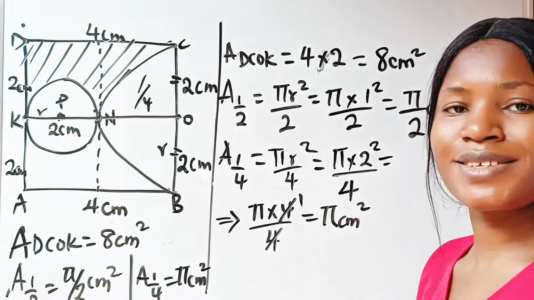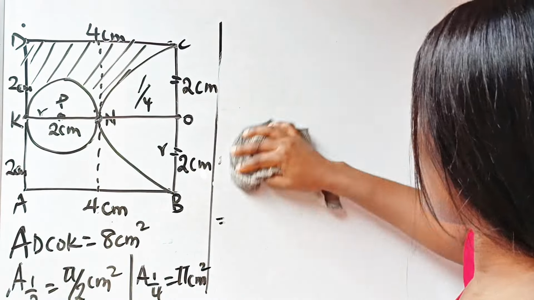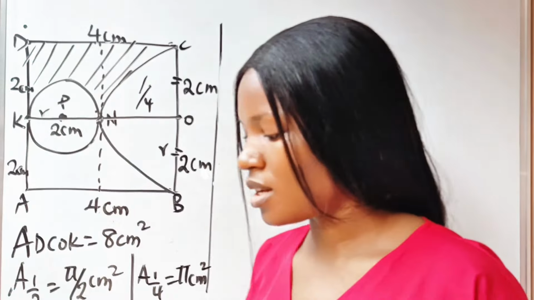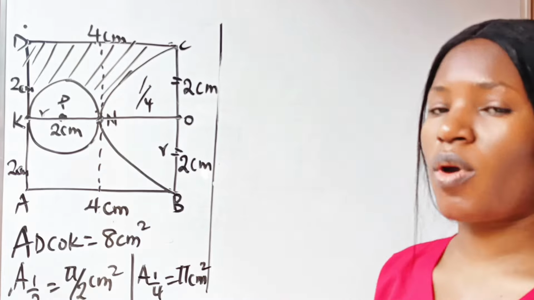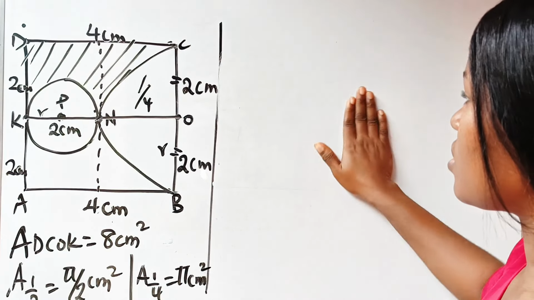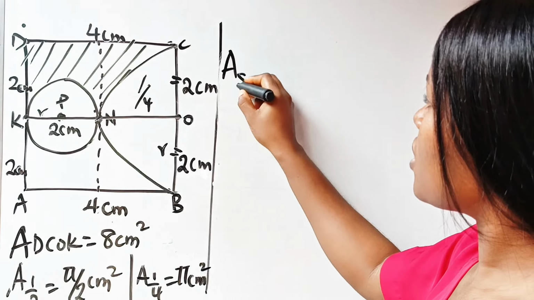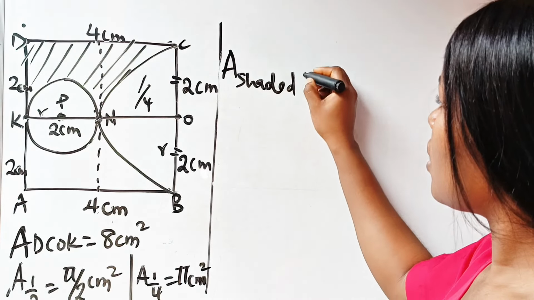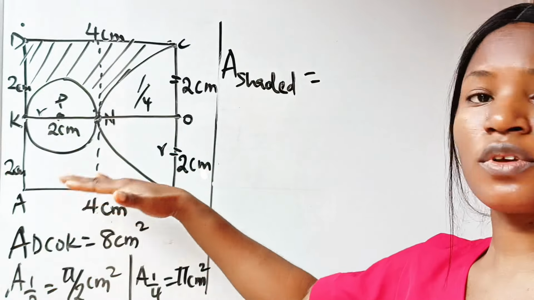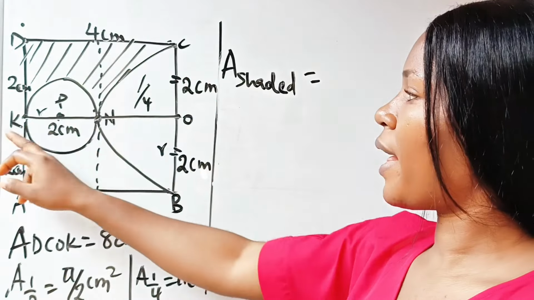Now, why did we find these areas? It's very easy. Remember that we are asked to find the area of the shaded part of this square. So area of the shaded part can be found using this formula. So the area of the shaded part will be equal to, now we are going to ignore this side of the drawing and concentrate on the rectangle DCOK.